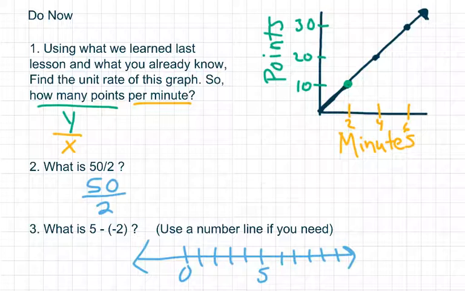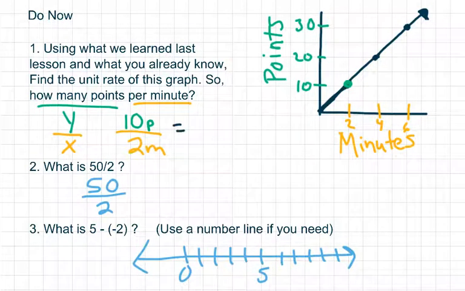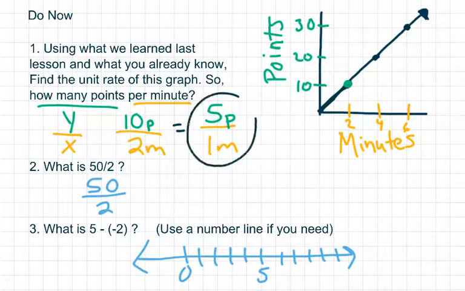So our point at that first is 10 points for 2 minutes. And I'm trying to find for 1 minute, which means I can take 10 and divide it by 2, and we know that 10 divided by 2 is 5. So the unit rate here would be 5 points per 1 minute.